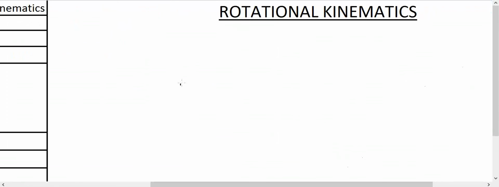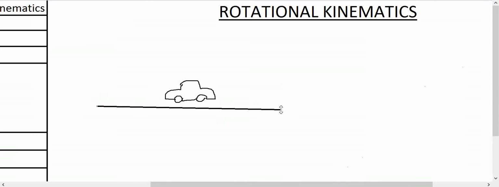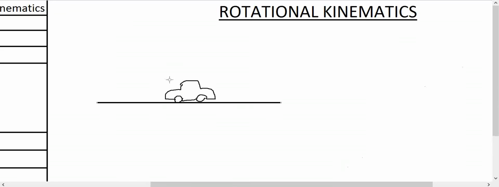Say you have a car traveling on a road. Displacement is the vector form of distance.